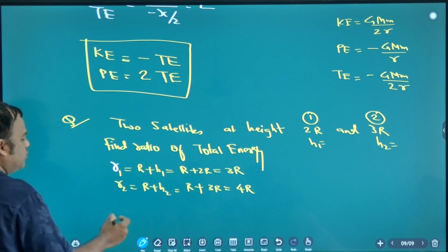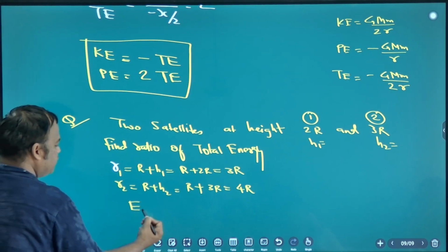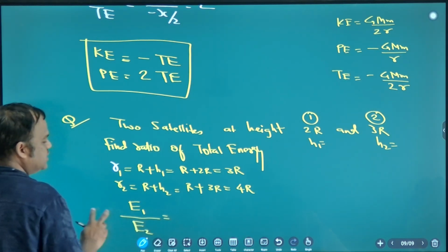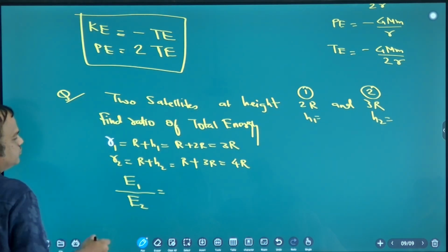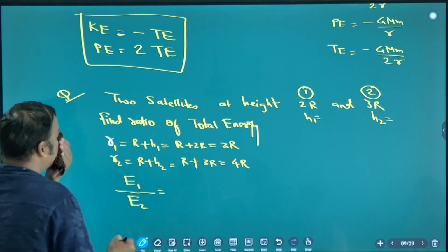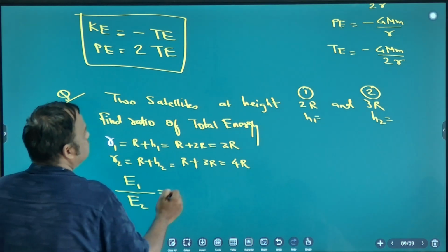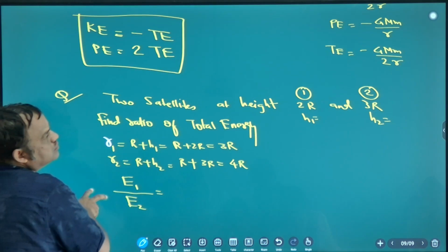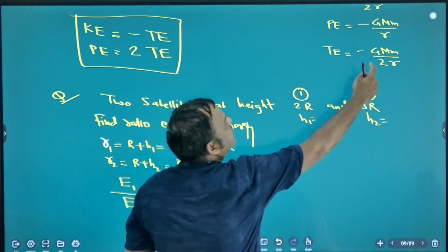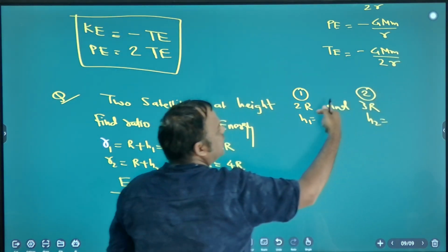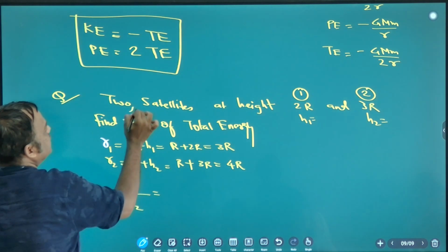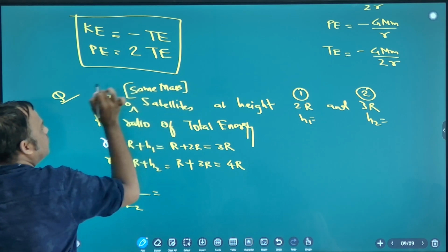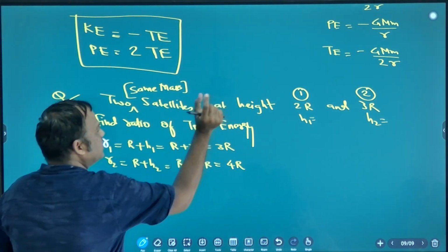Now use the formula. Total energy of satellite 1 by total energy of satellite 2 is equal to, mass is also needed, right? Take same mass, two satellites of same mass, so small m is same.